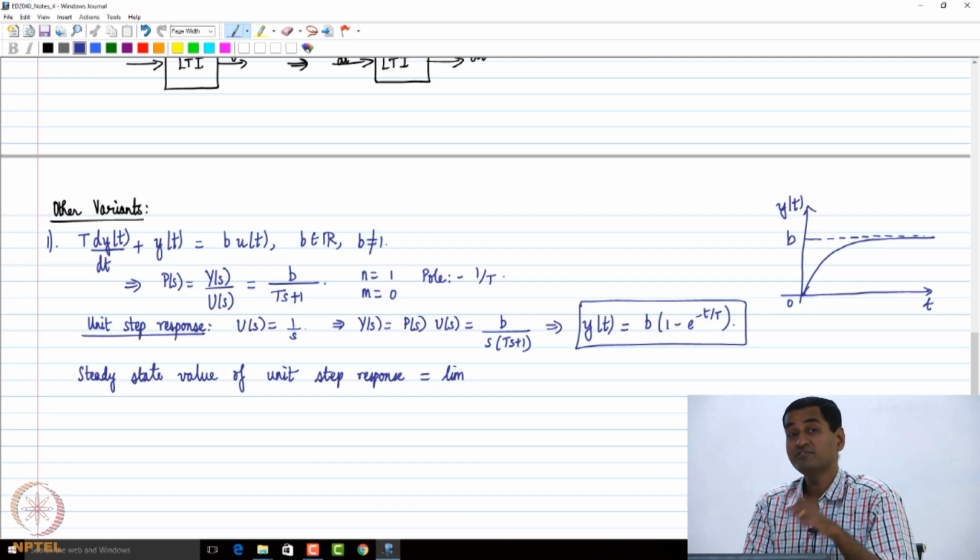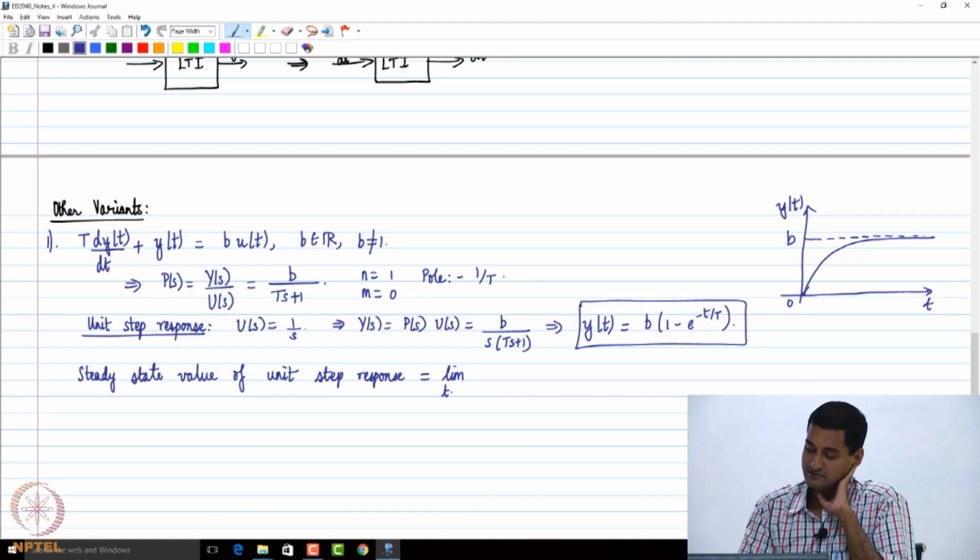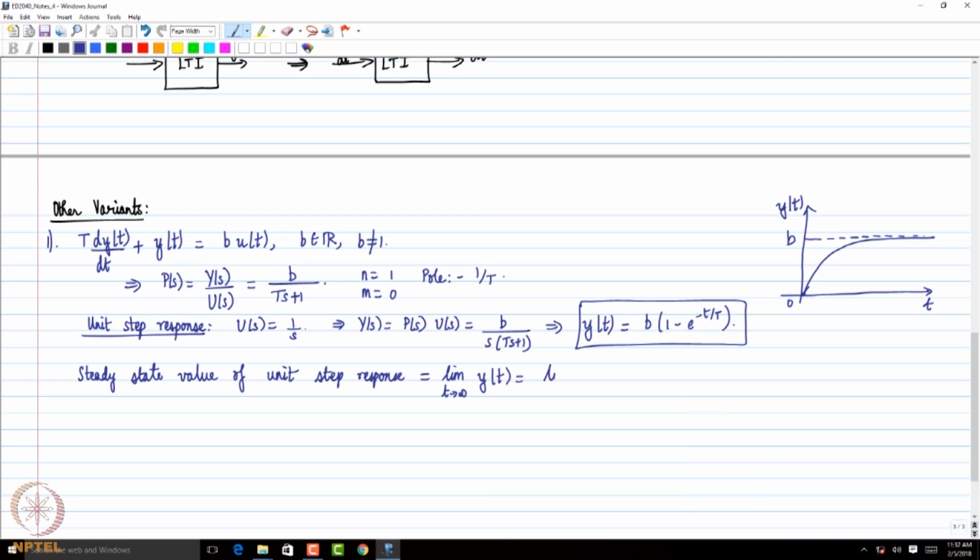Limit t tending to infinity y of t is equal to limit s tending to 0 of s times y of s. So if I use this expression, this is limit s tending to 0, s times y of s, which is b divided by s times (Ts plus 1). So s and s cancel, and you immediately see that I am going to get b.